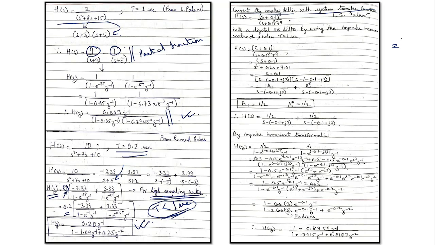So in this case, if you see that you are having all these equations something like this, then you solve this. After solving this, you get this kind of equation, s plus 0.1 divided by s minus of minus 0.1 plus j3 and so on. Then you apply the partial fraction.